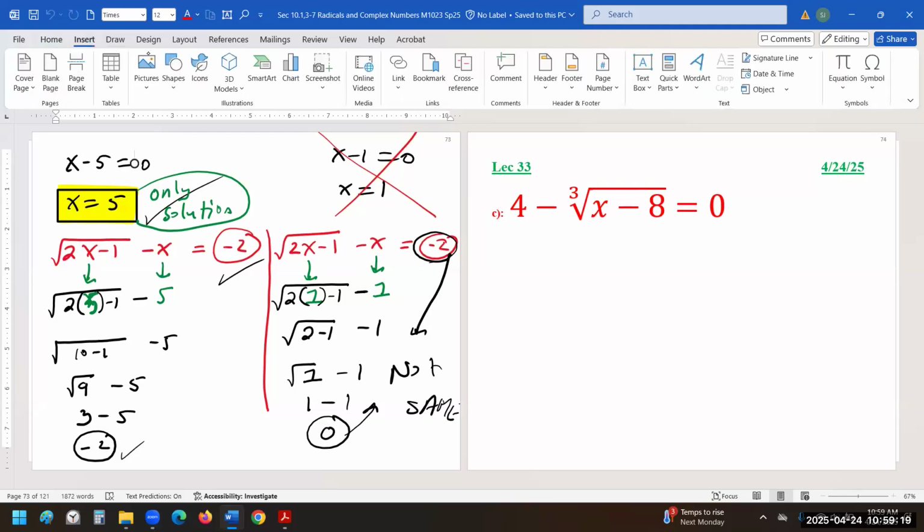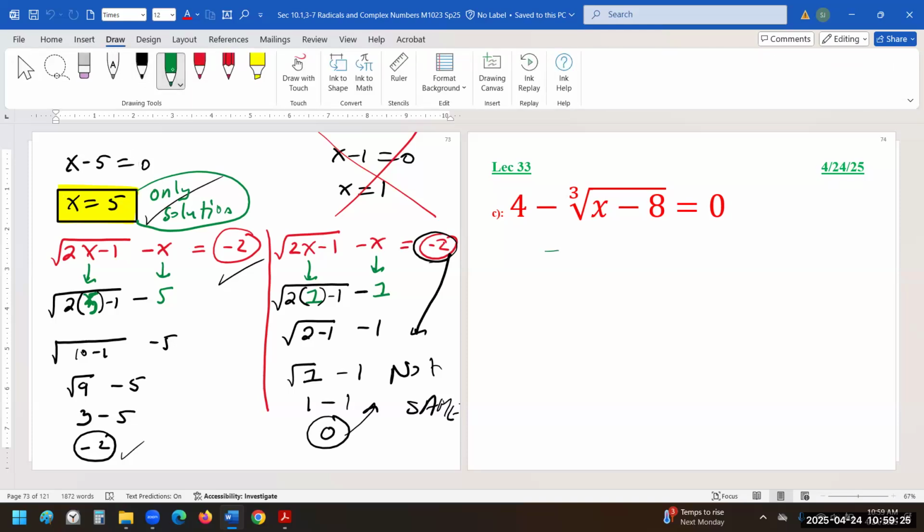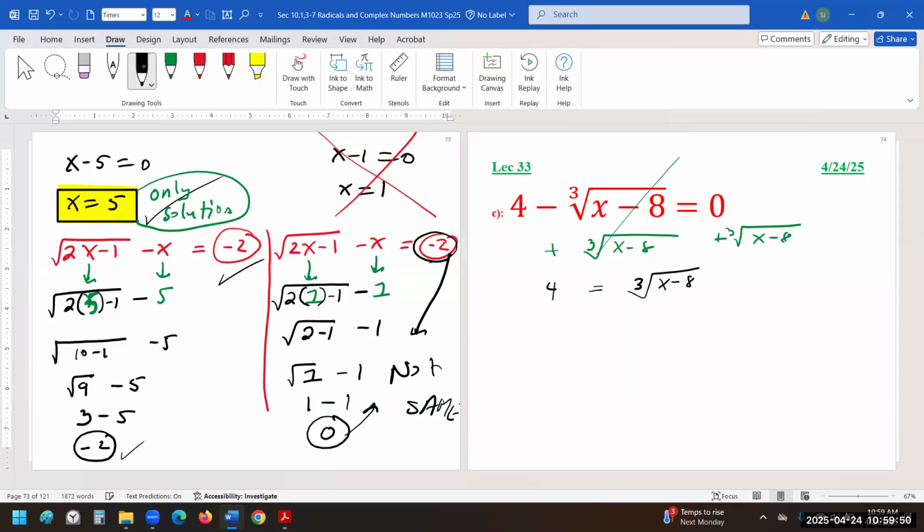Or you can add the radical term to both sides because this is negative. So either you can subtract 4 or you can simply add these to both sides of the equal sign. If you do that, the positive and negative cancel out. Now we have the cube root of x minus 8 alone on one side and 4 alone on the other side.